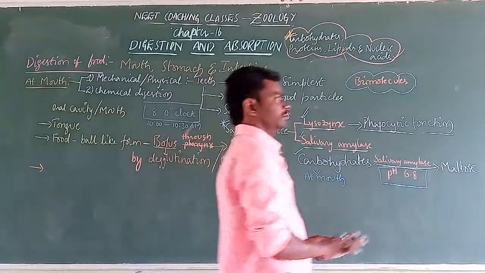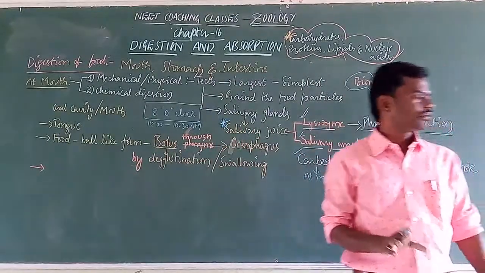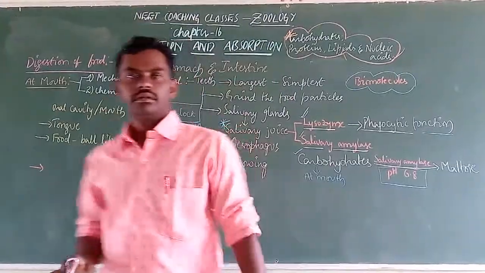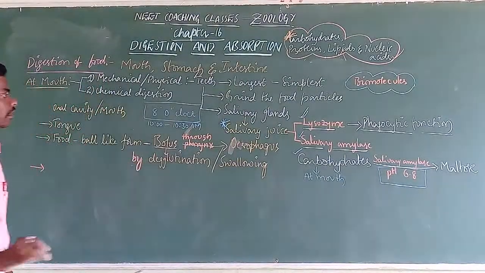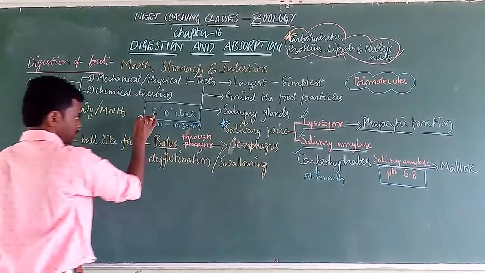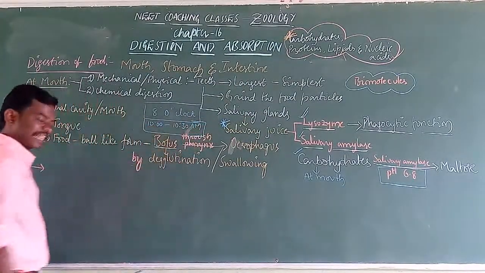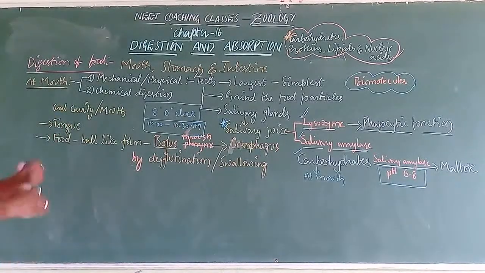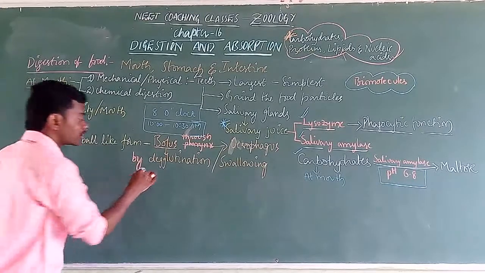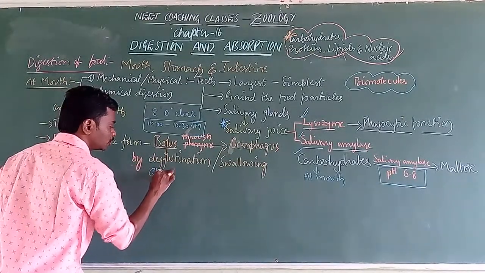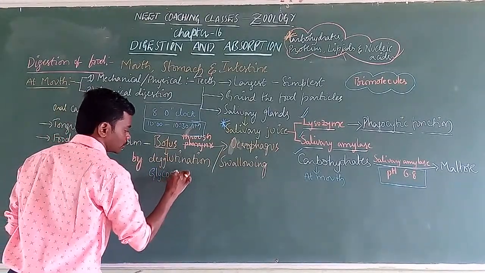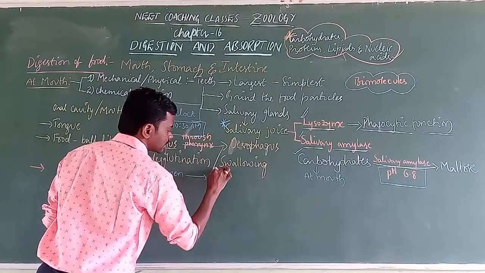Then it came to a stability state, a stationary state. From that time onwards, the glycogen is converted into glucose molecules during starvation.